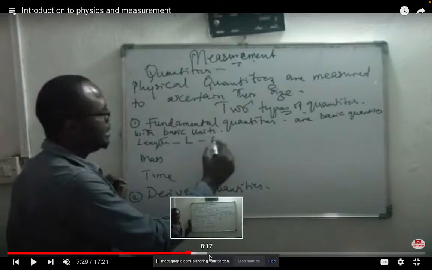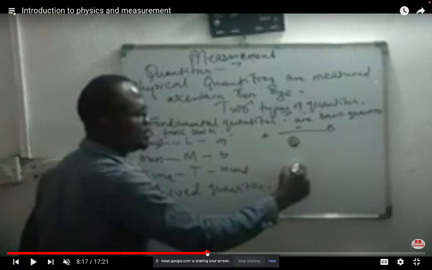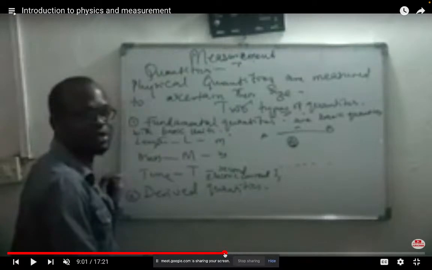So you have them as what? Length, mass, and time. So these basic quantities are also called fundamental quantities. They are also known as fundamental quantities because they are basic. You need to learn how to measure them. From the measurements you get from them, you can now be able to extrapolate other measurements for other quantities known as derived quantities.